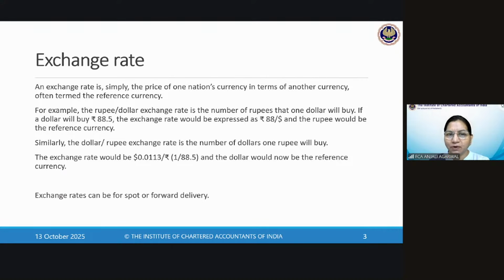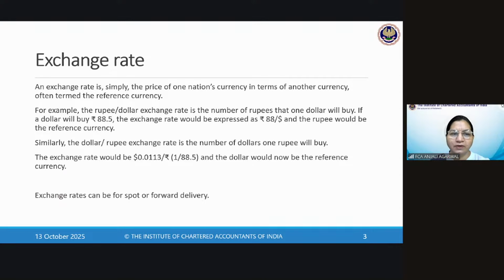So that means it is important to understand not just what is the exchange rate, but you also have to understand you are calculating the price of one currency against which another currency, and that another currency can be the reference rate. So for example, if you express the rupee dollar exchange rate in number of rupees which $1 will be able to buy, let's say if it is 88.5, you can say that the exchange rate would be rupee 88.5 per dollar, and the rupee here becomes the reference currency.